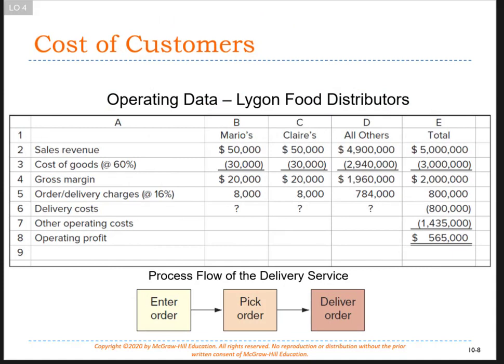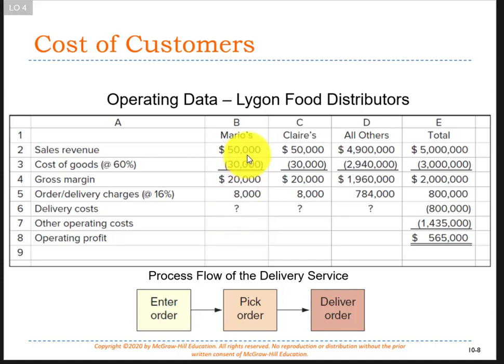So this is a situation where we're looking at two different customers. Okay, and then we're kind of treating all the others as separate. So we're trying to narrow it down, look at just two customers at a time so maybe we can wrap our head around it.